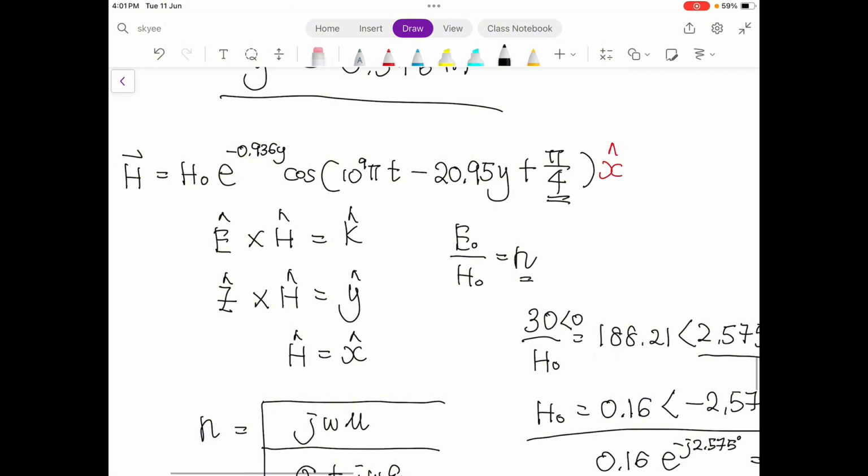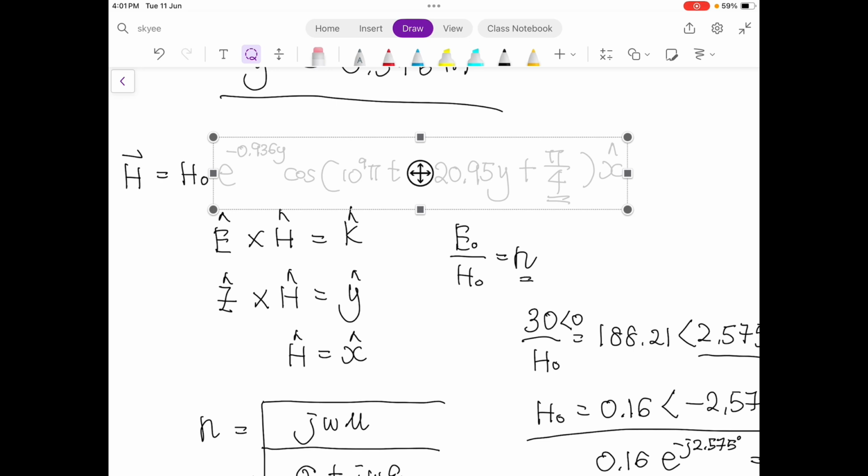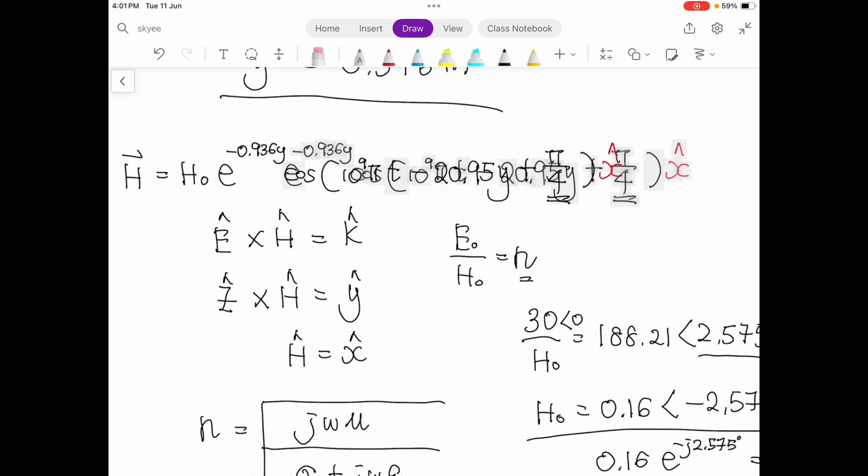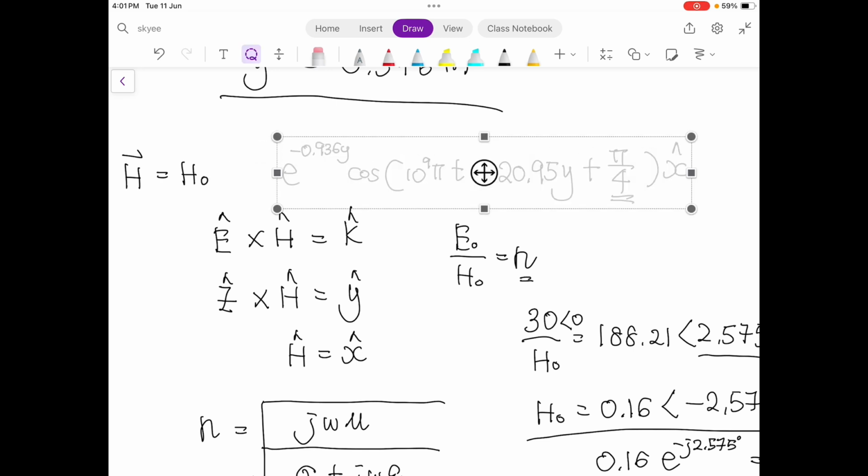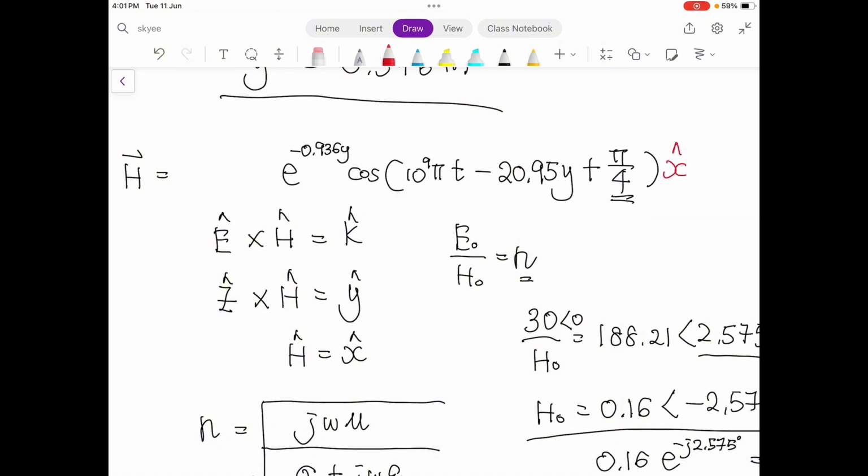Okay, so now replace it here. You can replace it here. So I will move this thing a bit. So you have this is equals to 0.16 exponent negative j 0.045.